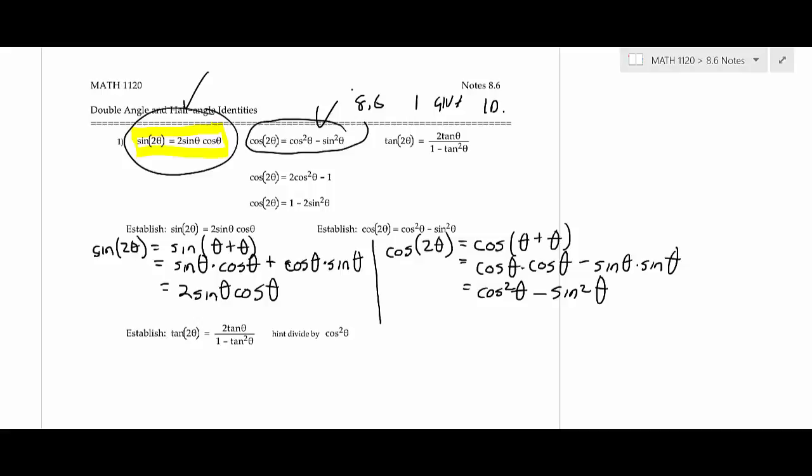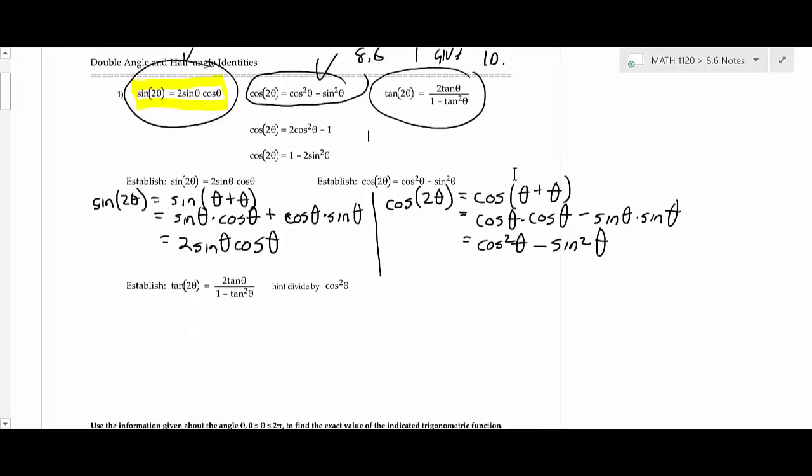So the next thing I want to look at is this thing right here. I want to establish this identity. This one's a little bit harder, so I'm going to do that one for you. There are several ways to do this, but this is, to me, probably the simplest way. On this one, we're going to start off by doing tangent of 2 theta.